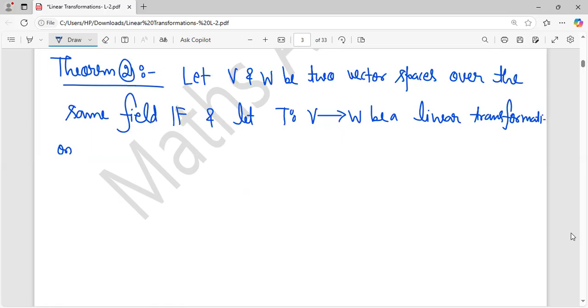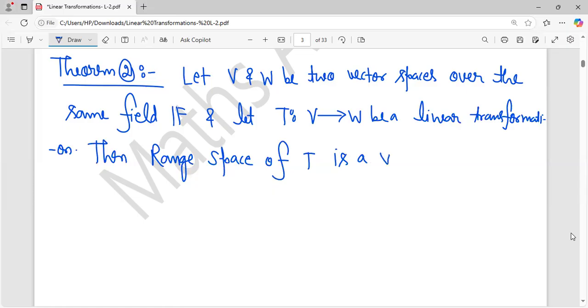Then the range space of T is a vector subspace of W.